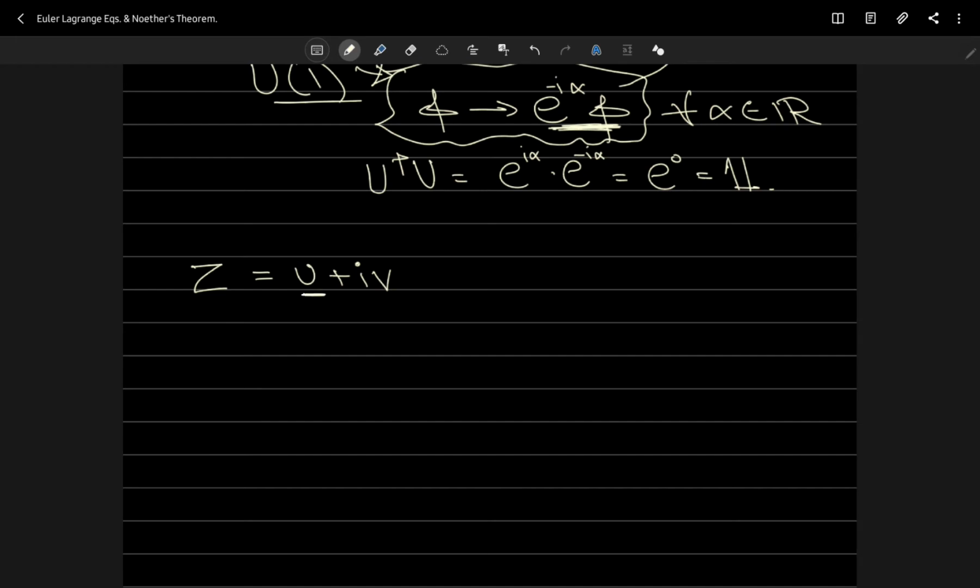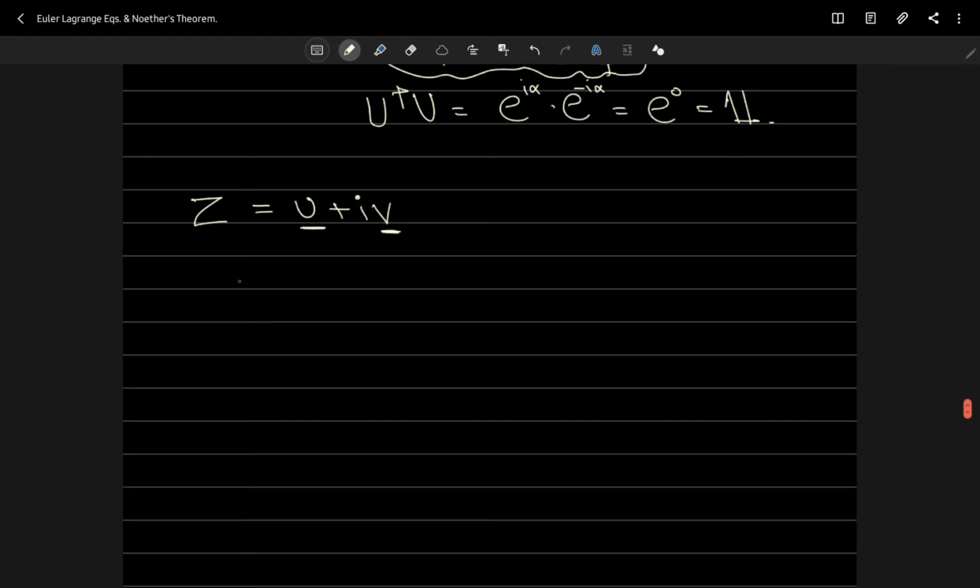One is from this one and the other one is from this one. So with this then I can write down my complex field as phi is phi 1 plus i phi 2.